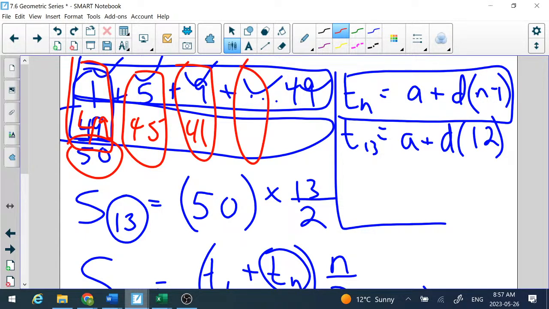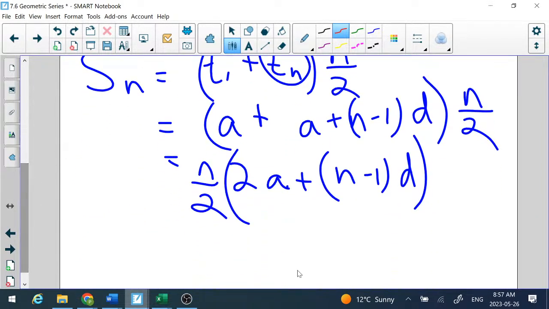They all add up to 50 in this case. You understand? So now I can just go 50 times 13 terms, divide by 2, and there's my answer. That was quick, as opposed to 1 plus 5 plus 9 plus 13. We good? Okay, so that was the shortcut for arithmetic.